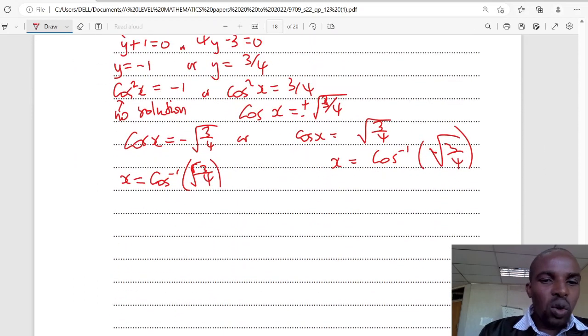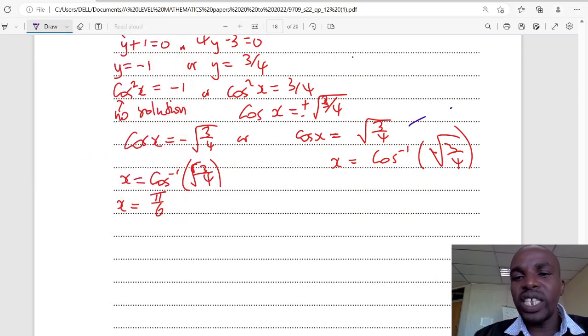So it will be arc cos of root 3 over 4. 3 over 4 is the same as 0.75, so you can just say root of 0.75. So in degrees it is 30 degrees. Then radians is 30 divided by 180 times pi, which is pi over 6. That's 30 degrees. Now you can use your quadrant. In this case, you can say on this part cos theta is positive.